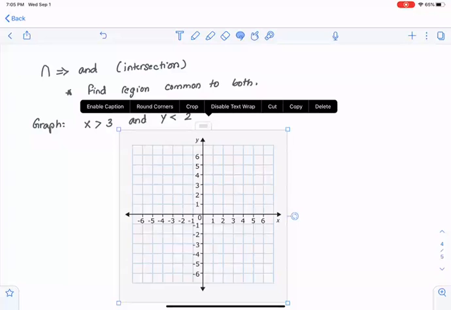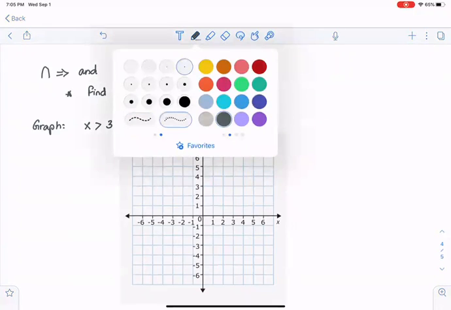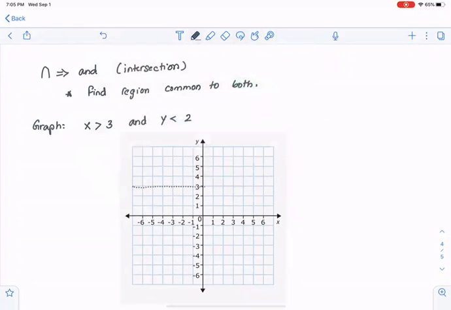So once again, we're going to look at it from the perspective of a function. So x greater than 3, y less than 2, both of the lines have to be dotted lines. So I'm going to draw a dotted line here. Excuse me, that is x greater than 3. So dotted line there.